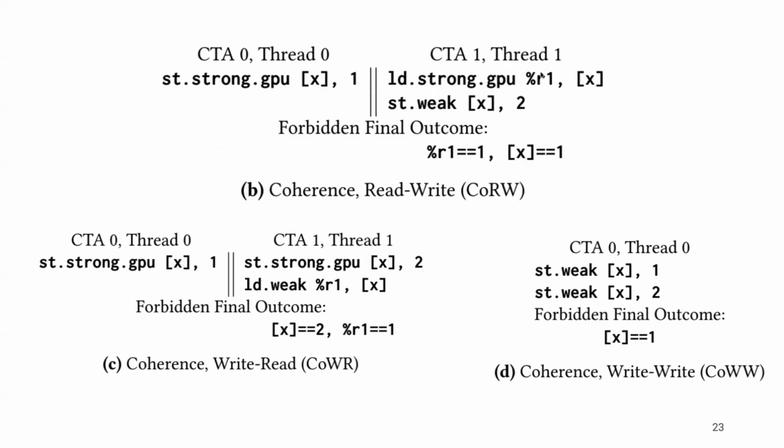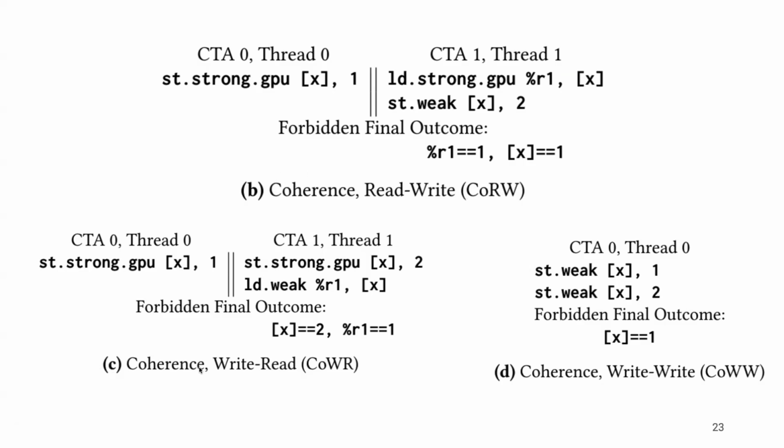If I'm loading a 1 here, meaning that this X is visible, so this X has already happened, and I'm loading a 1 here, this store will definitely happen after this other store. So you cannot have a memory address of 1 here. Basically, if I'm reading a 1, this has already happened. So when I'm storing a 2 in there, this happens after that other store. So it should be a 2.